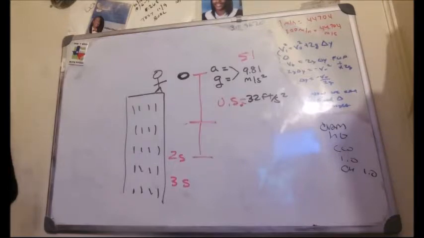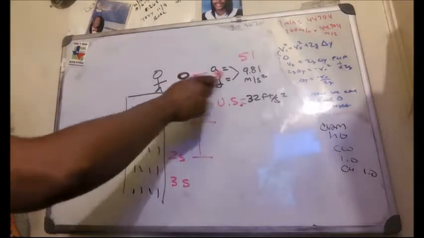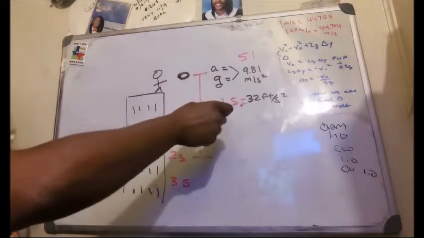Oh yeah, it's just 32 on both of them. I don't know what the units are, but it's 32. I think you're overthinking it. You're overthinking it because we start at 0, and this is acceleration, but it's starting from 0.